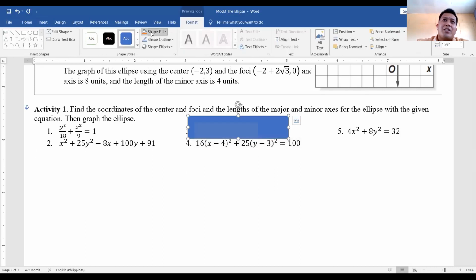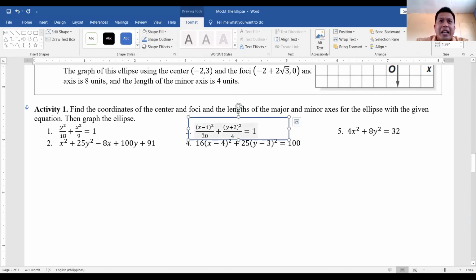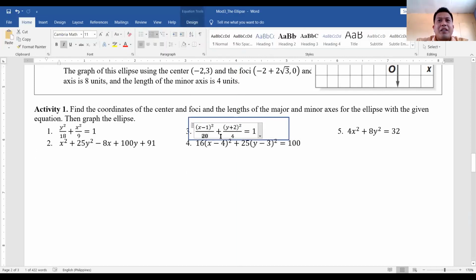We have to make sure that the given is somehow the same with this one, wherein we can directly find the value of your A squared and the B squared depending on the given values here. But what about if the given is like this?